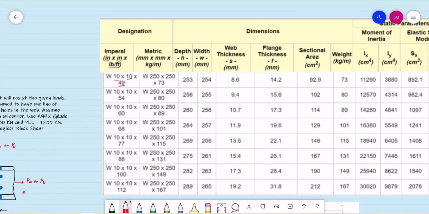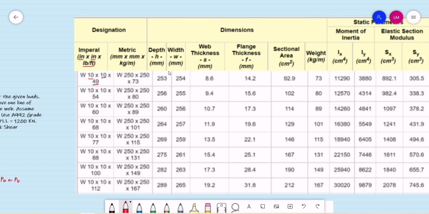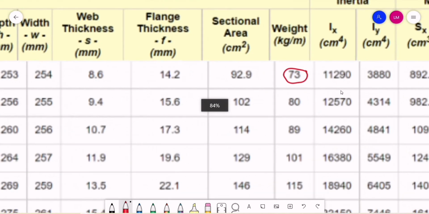But its corresponding property values are in millimeters and square millimeters. So the lightest W10 section is the W10 by 49, which has a mass of 73 kilograms per meter on this column.